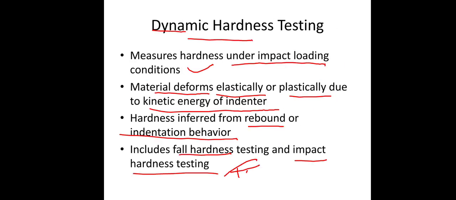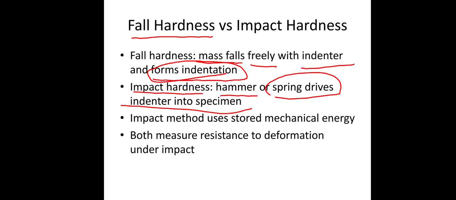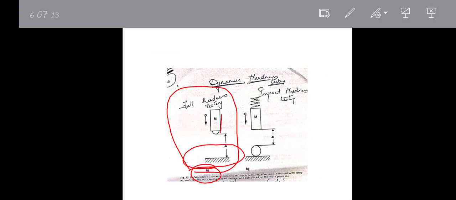Next we see the impact hardness test. In the impact hardness test, when a hammer or a spring drives the indenter into the specimen, it is known as the impact hardness test. Let's see the diagram for the impact hardness test. B is the diagram of the impact hardness test.